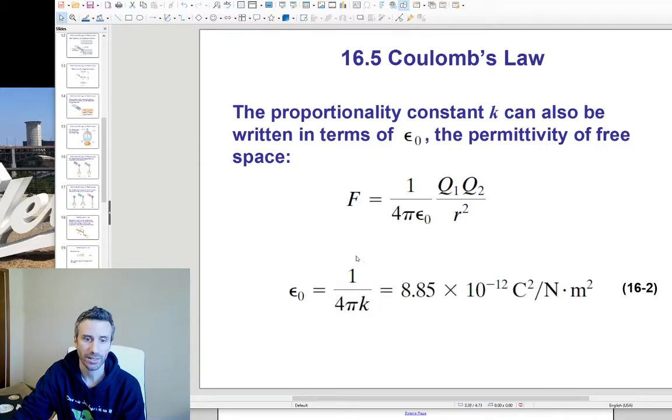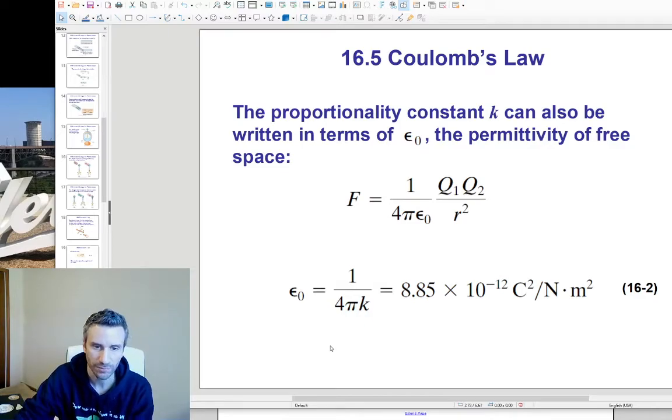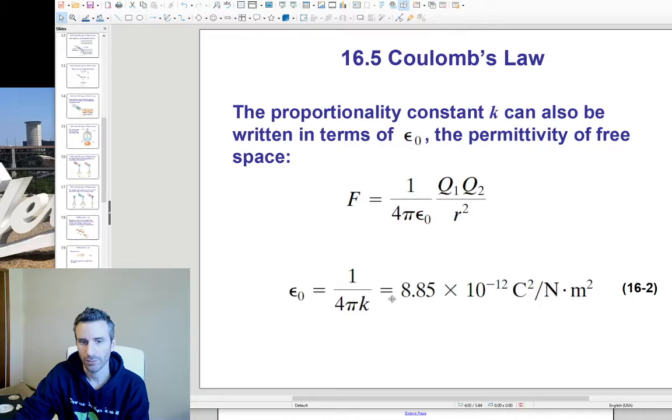The reason behind it, I had a similar explanation when we did some simple harmonic motion stuff, where it just comes down to a lot of physicists preferring to express the equation in this form, because for the math end of things, as you start to really get into it, it starts to make more sense that way.